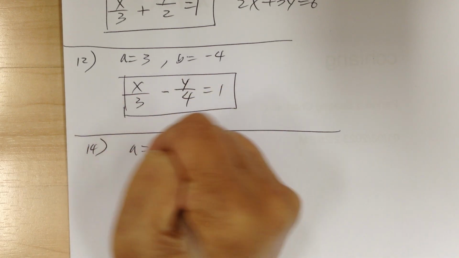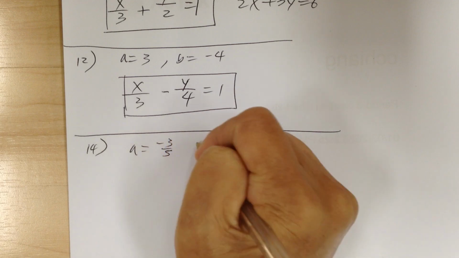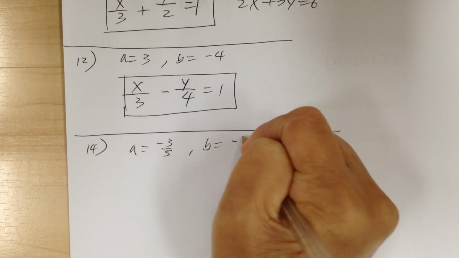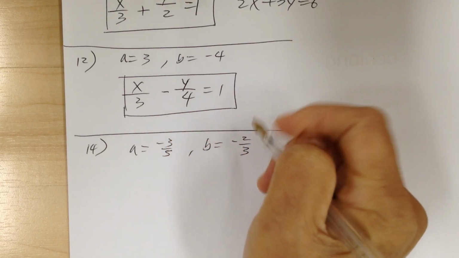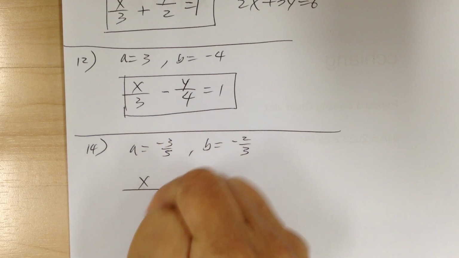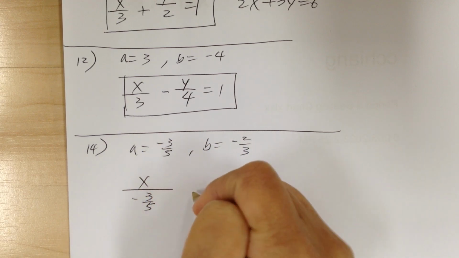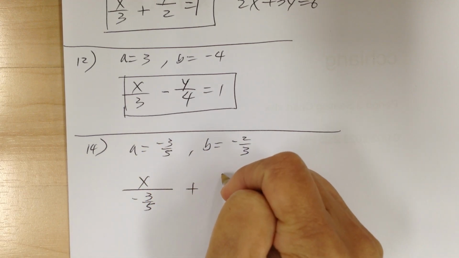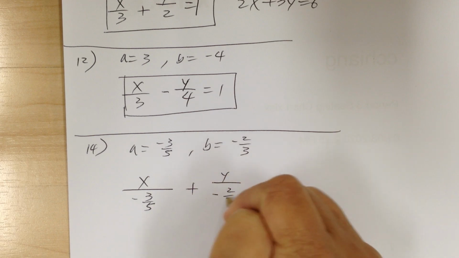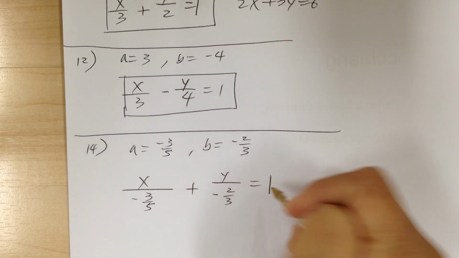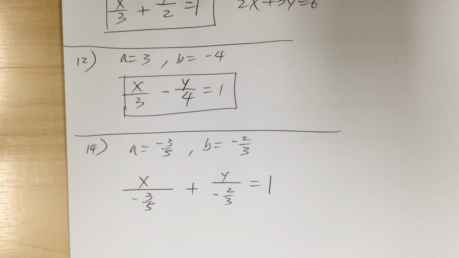Okay. Number 14. You have a equal to negative 3 over 5, b equal to negative 2 over 3. So now again, you put x over negative 3 over 5 plus y over negative 2 over 3 equal to 1. Okay, so now it gets kind of messy, right? This is not a nice number.